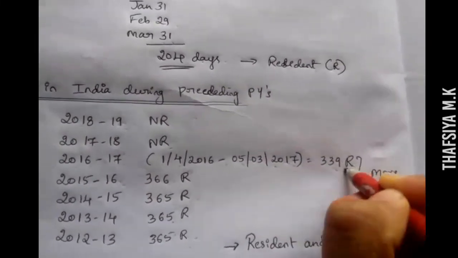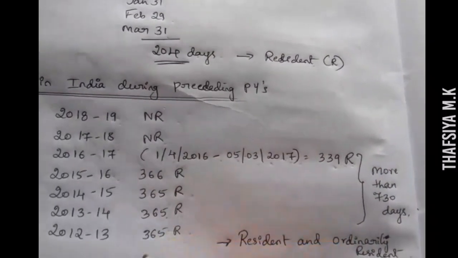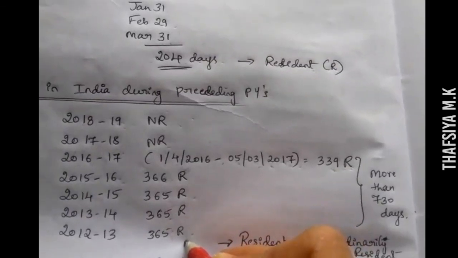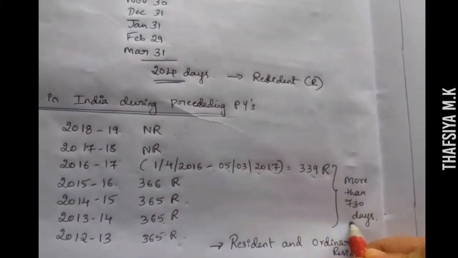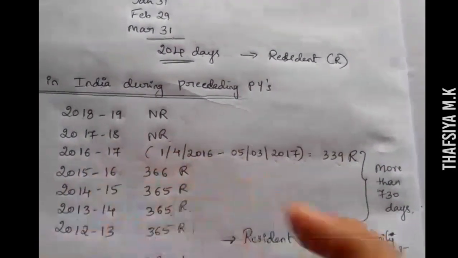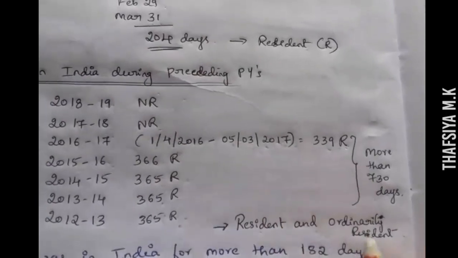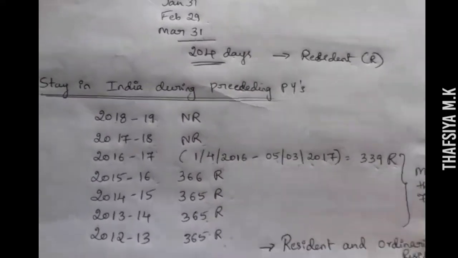Now add 339 plus 366, 365 plus 365 plus 365, and you will get more than 730 days. So he has satisfied both the additional conditions, so he becomes resident and ordinarily resident.